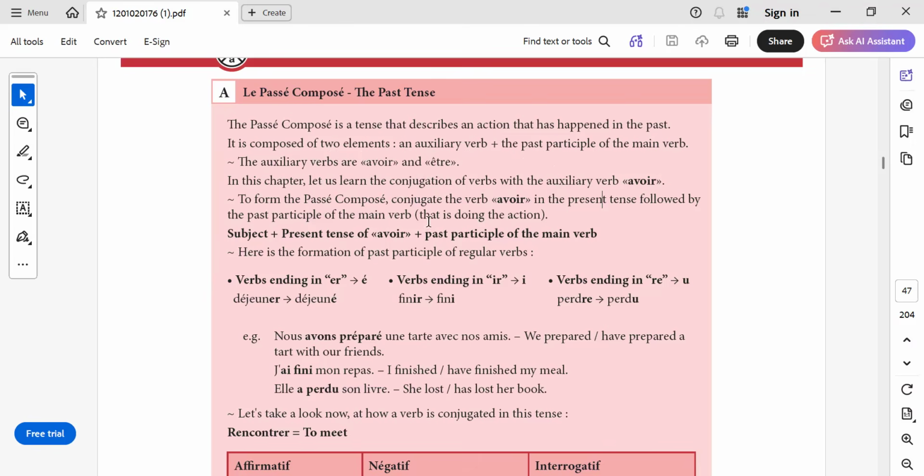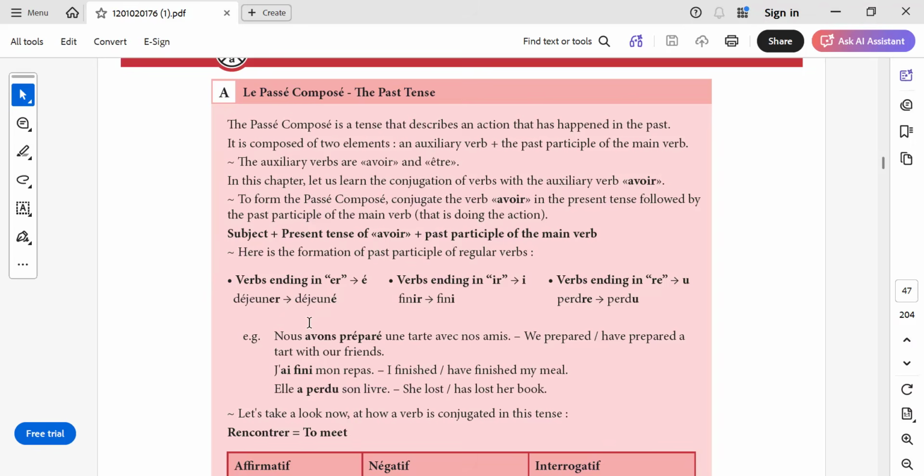Now how to form that past participle of the main verb? See, in French there are three groups of verbs. First is ER ending, like parler, donner, regarder, demander, préparer, all these are ER ending. Then the second group is IR ending, like finir, remplir, choisir, grandir, all color related verbs.